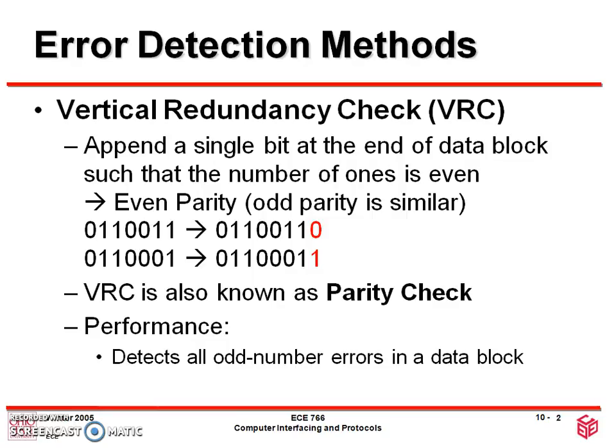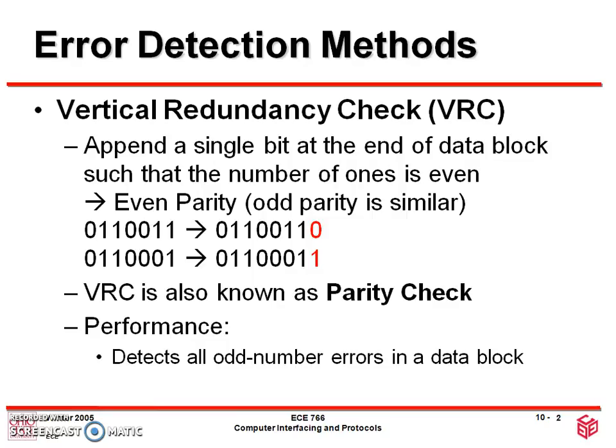The simple case of detecting errors is adding one bit, known as a parity bit, to the data. This bit can be either even or odd parity. Irrespective of whether it is even parity or odd parity, the errors that can be detected are only 1 bit errors, or an odd number of bit errors.